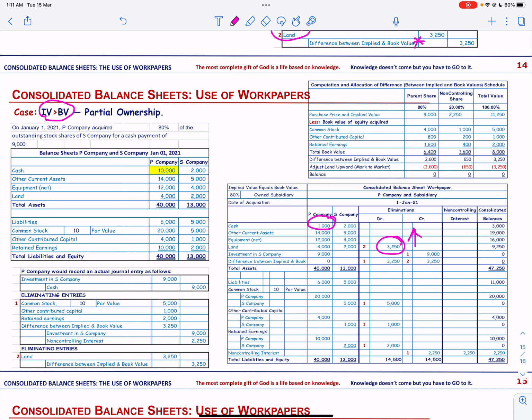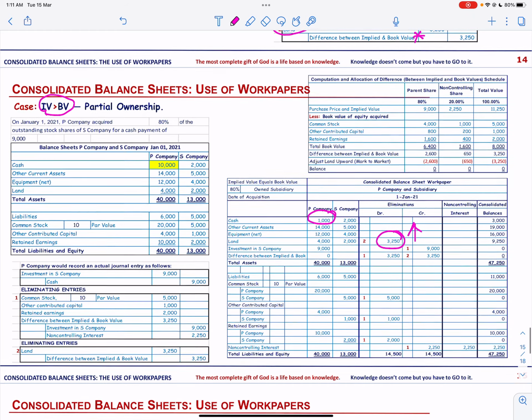Finally, we illustrate the less common situation where the purchase price is below the book value of the acquired equity.